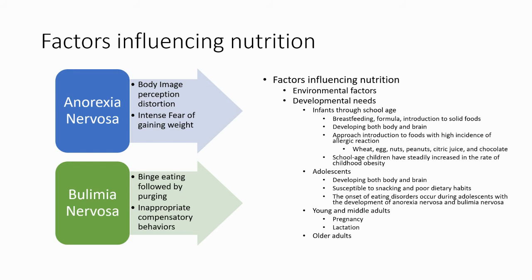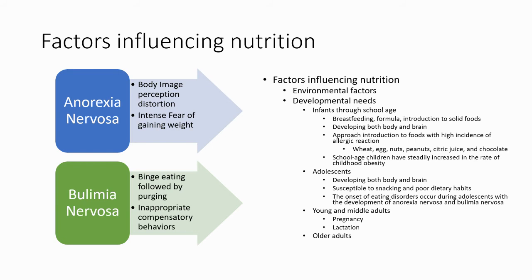And then we have to be very cognizant that we have this steady increase in the rate of childhood obesity. So as that toddler approaches school age, you know as well as I do that their access, which is part of the food insecurity, to healthy meals in school can be somewhat limited.